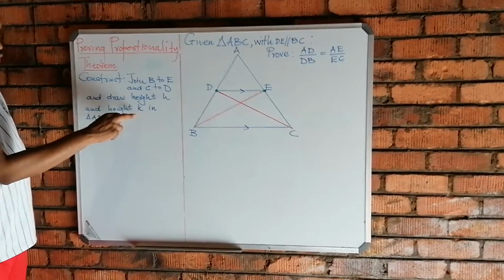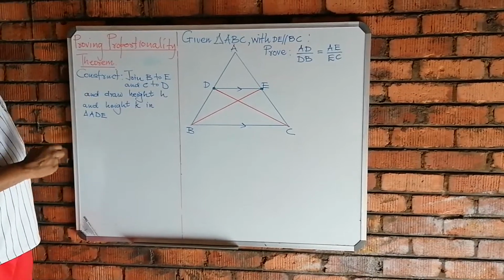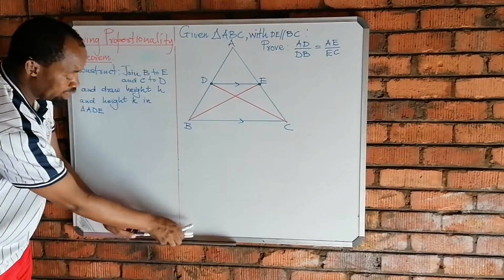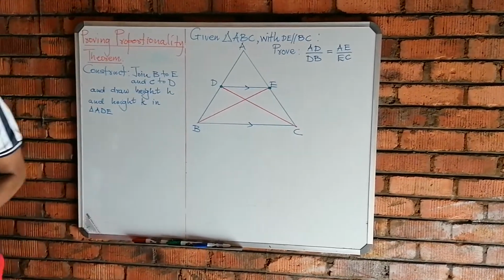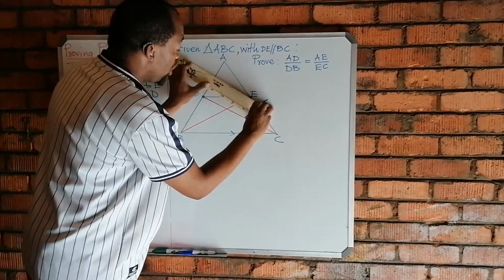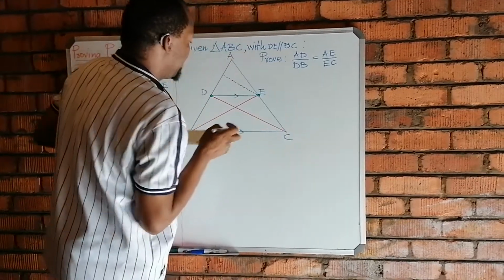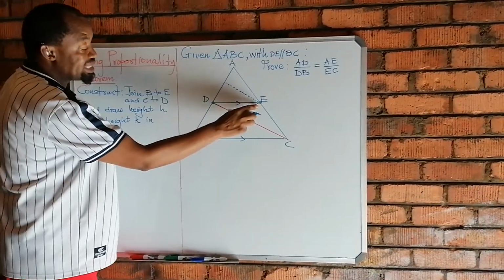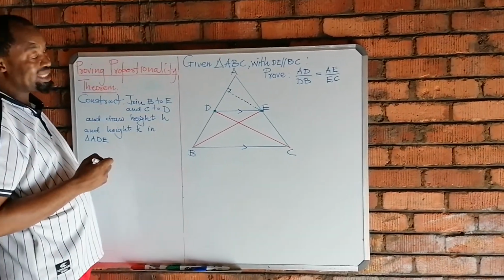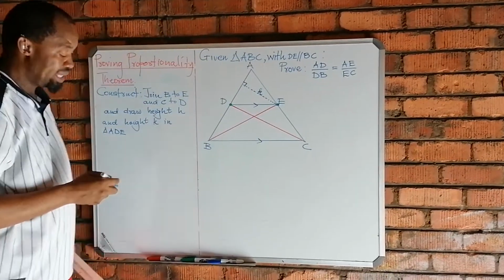I'm going to draw the height H and the height K in triangle ADE. Here's triangle ADE. Now let's draw those heights. I'm gonna draw them using dotted lines. Let's start with that one. It is from the vertex E. It is perpendicular to the base AD. Let's call this one K.